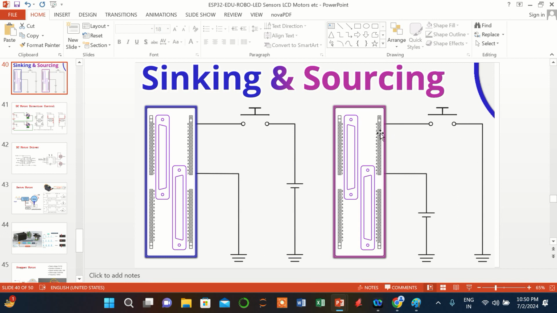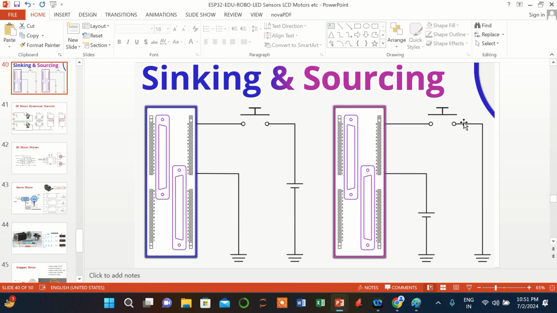So in the second configuration, if the switch is closed, what will happen? The other end of the switch is connected to ground. So naturally, the current will flow only when this pin is connected to VCC internally. Then the current direction is from the microcontroller to the ground. So that means it is sourcing.